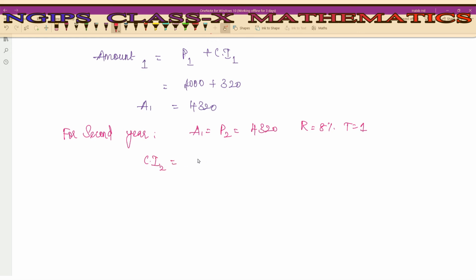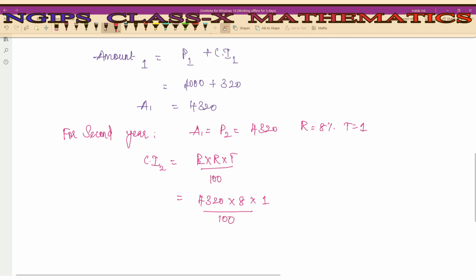So the compound interest for the second year is principal into rate into time divided by 100, which is 4320 into 8 into 1 divided by 100. The zeros will get cancelled, leaving 432 into 8 divided by 10.